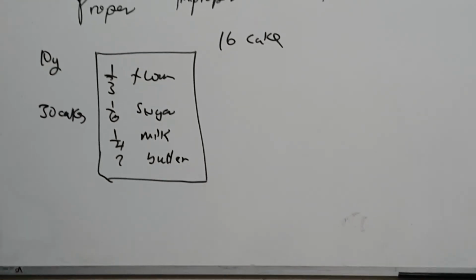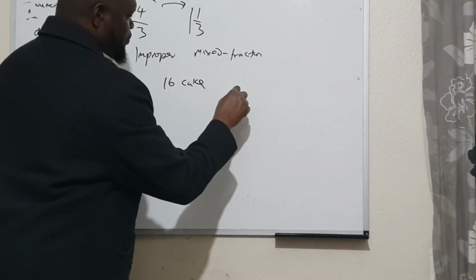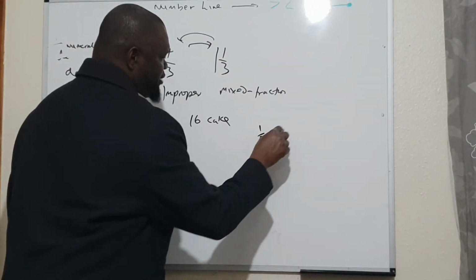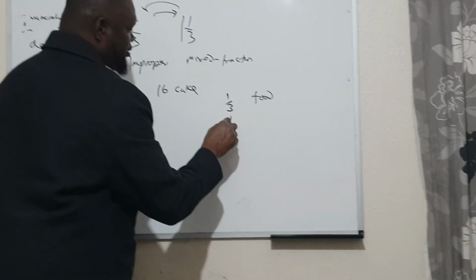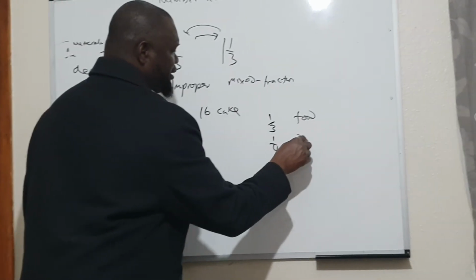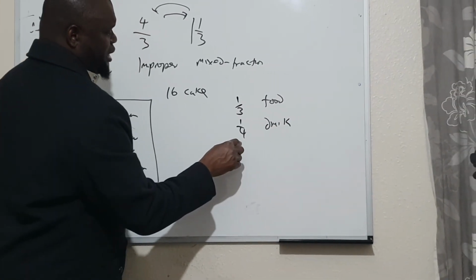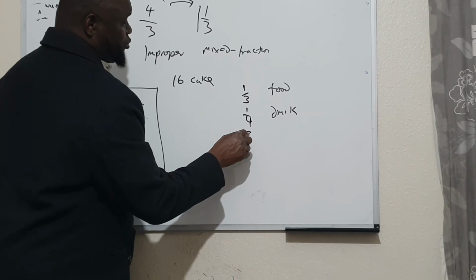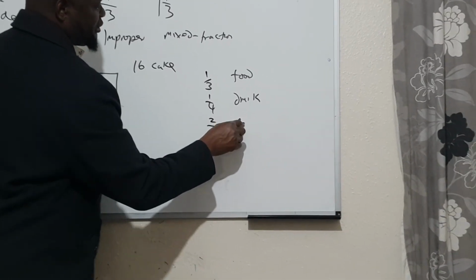Yes? Okay. So, somebody went to the shop. 1/3 of the money he spent on food. Okay? 1/4 on drink. Okay? 2/7 on fare.